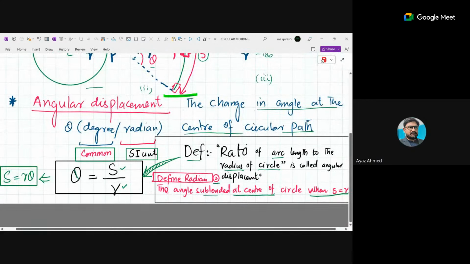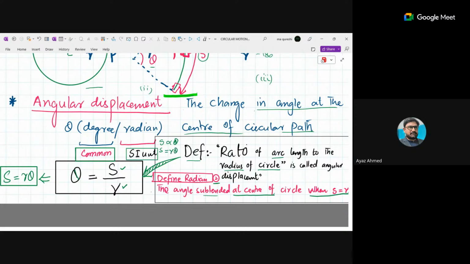Angular displacement is the angle subtended at the center of the circular path due to the motion of a body in a circular path. Mathematically, the arc length s and the angular displacement are proportional to each other, so s is proportional to the angular displacement, if I keep r constant.